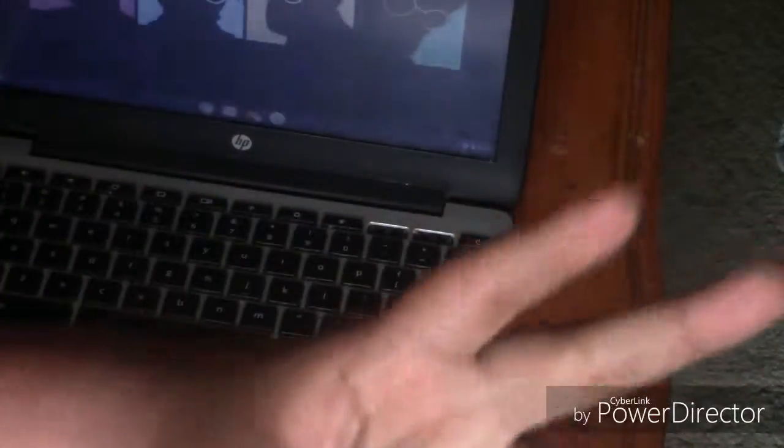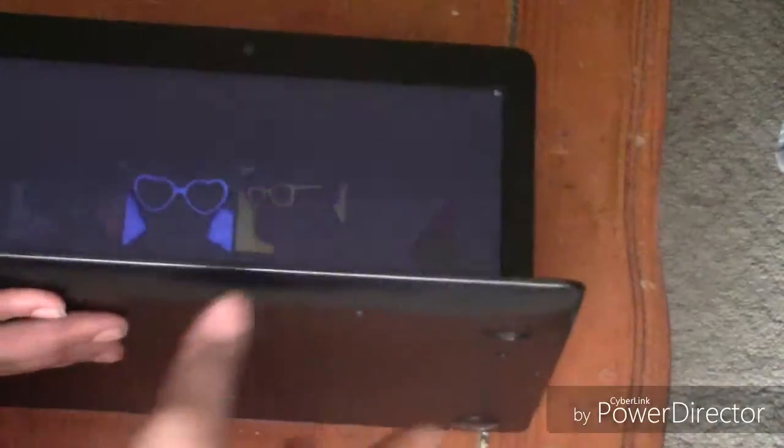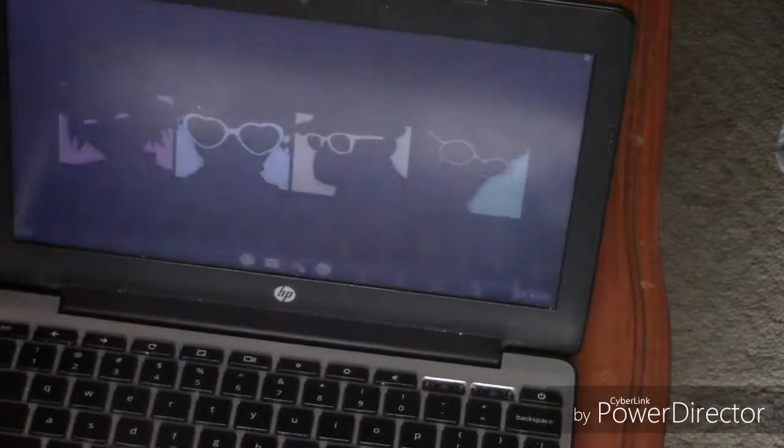So three keys are gone. That's not even the real things that are gone. Two of these black things to protect the computer are gone. One thing right here, I don't know what it was supposed to be, is gone. So if I was ever selling this, they would be heavily disappointed.